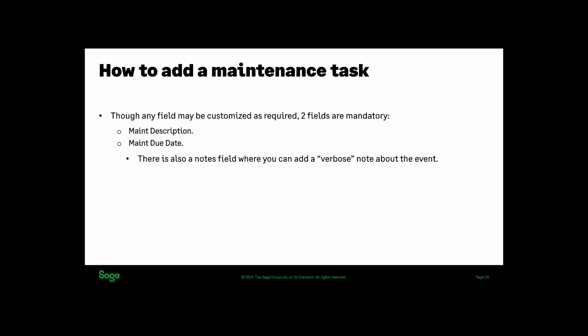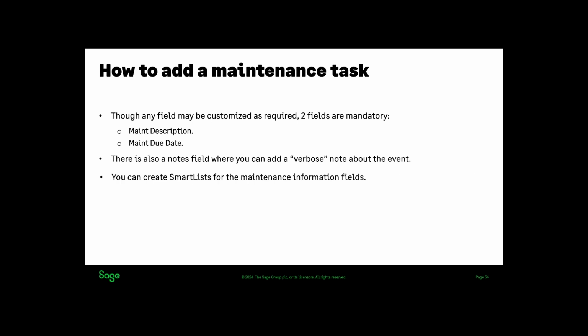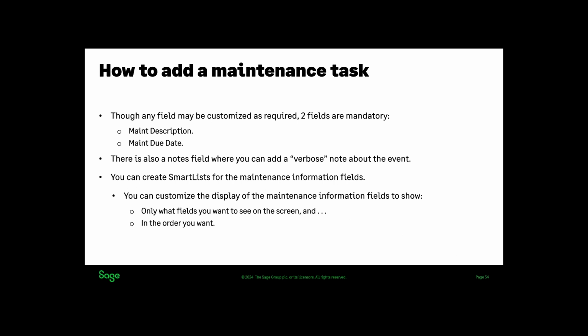There's also a notes field where you could add some verbiage about the maintenance event, and you can also create smart lists for your maintenance information fields. You can customize the display of these fields to show only what fields that you want to see on the screen, and you can put them in any order that you like.